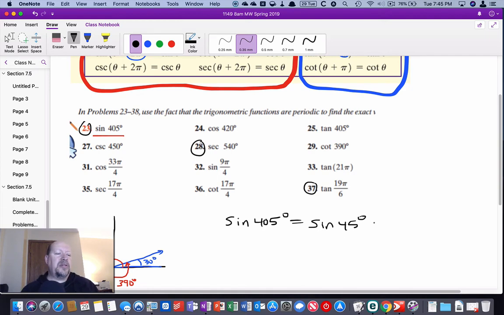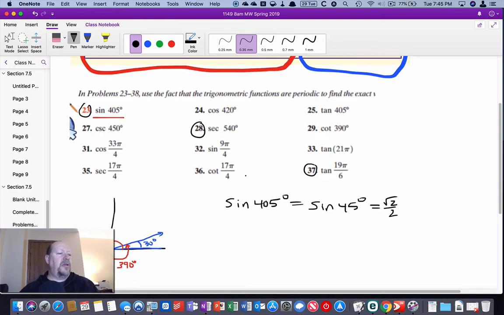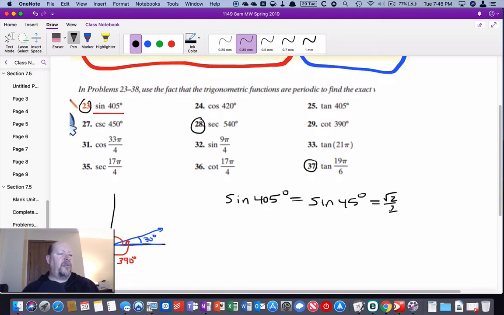Now what's the sine of 45? Radical 2 over 2, right? So that's the answer. The sine of 405 is radical 2 over 2.